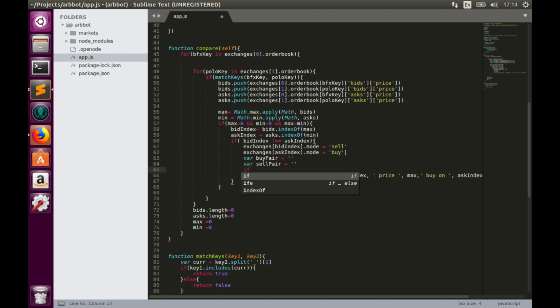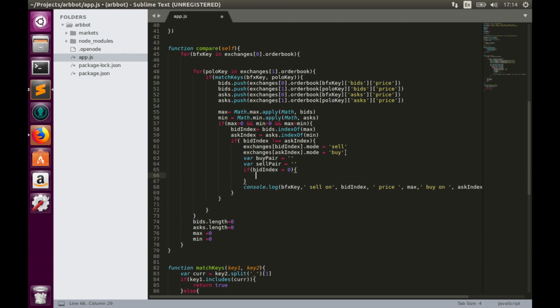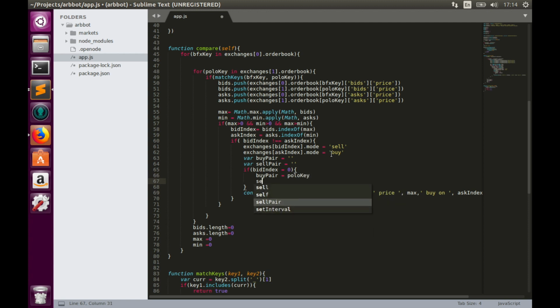And if bid index equals to 0, which means that we are selling on Bitfinex, then buy pair equals to Polo key and sell pair equals to Bitfinex key, BFX key.